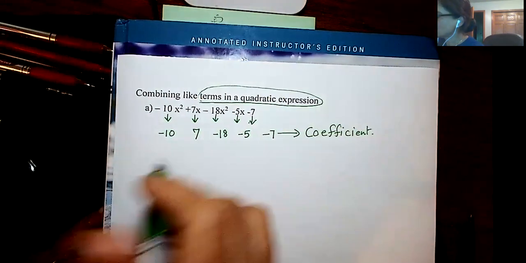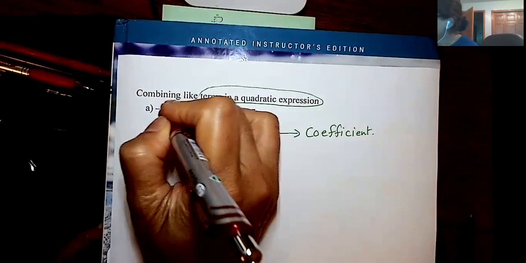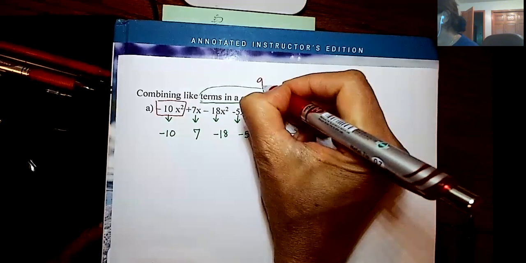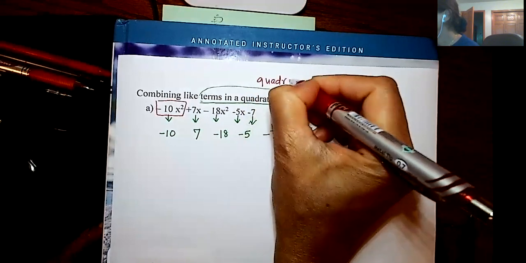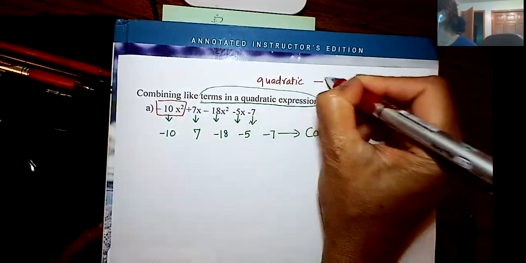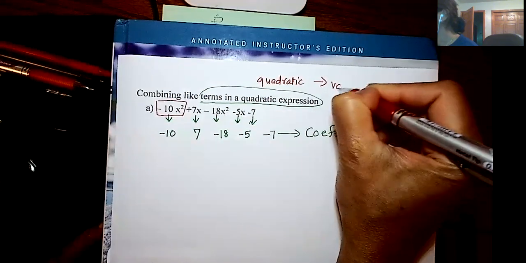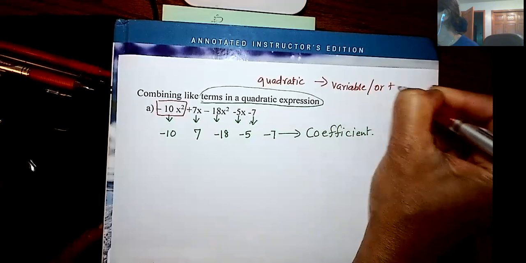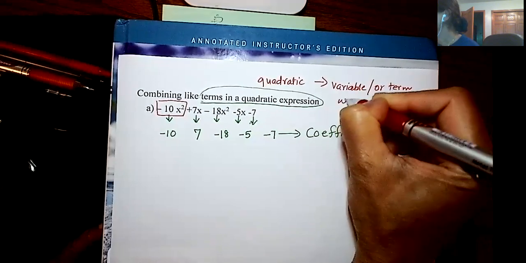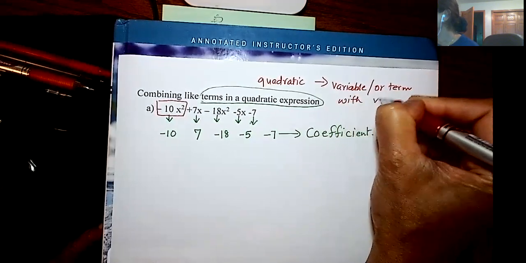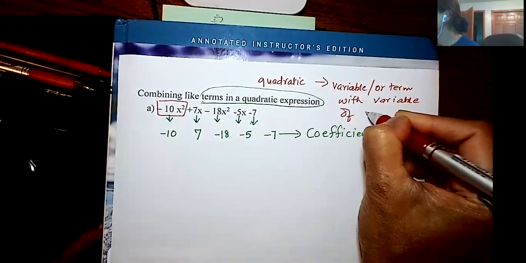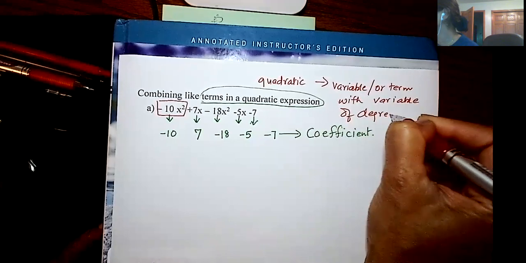Okay. Now to combine, I know this is quadratic. What does quadratic mean? It implies there is a term with a variable of degree 2.